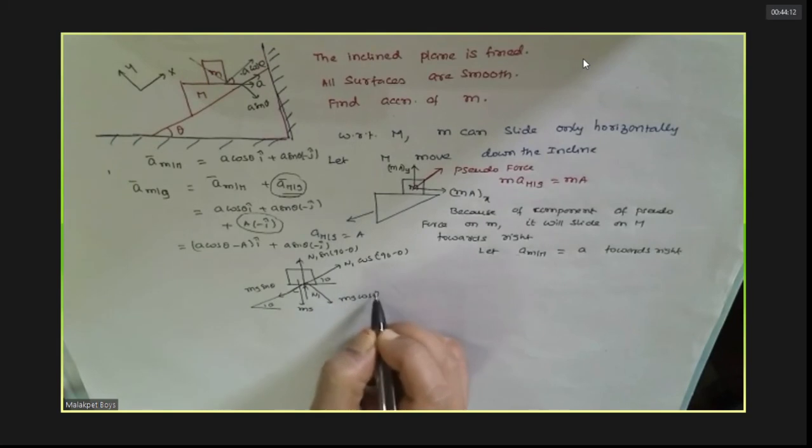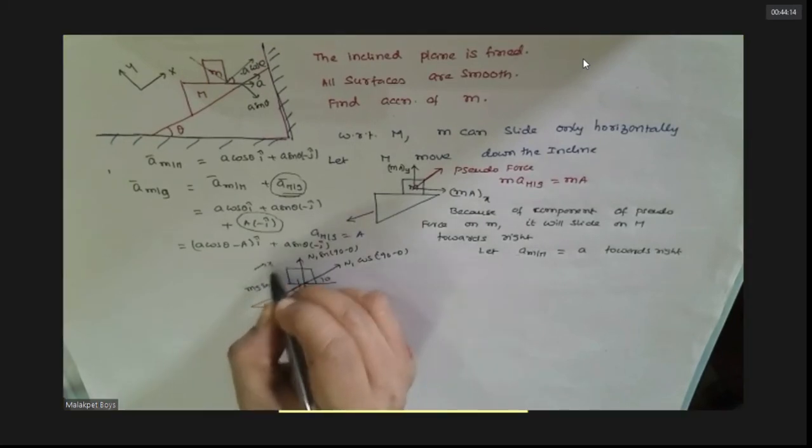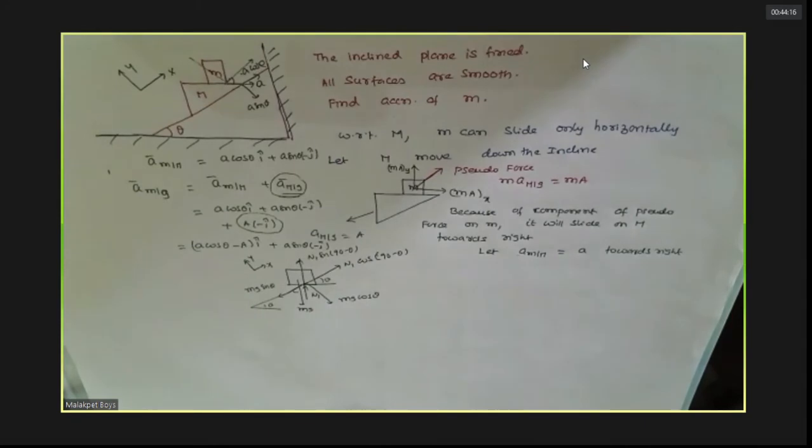Understood what I am doing? Cos theta. I have taken this as the x-axis, so just resolve, that's all, nothing else. After that, you will write the equation. Sigma Fx equals ma. What is the force in that x direction? The only force available is N1 cos 90 minus theta.